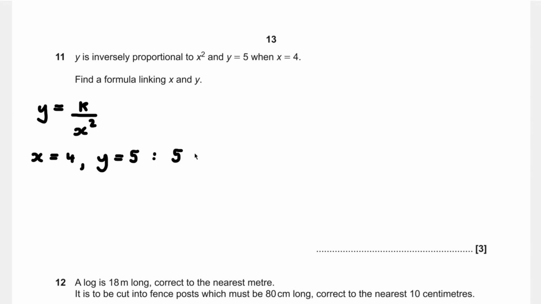So I have 5 equals k over 4 squared. 16 times 5 is 80. So k equals 80. And knowing what k is, we can therefore conclude y equals 80 over x squared.